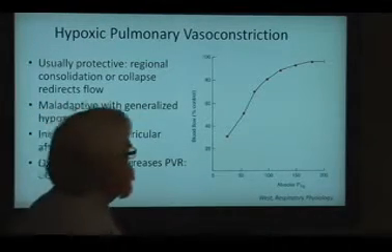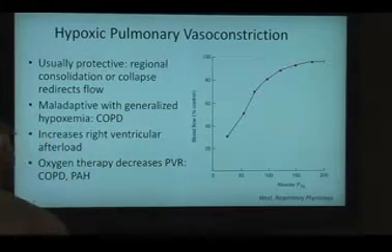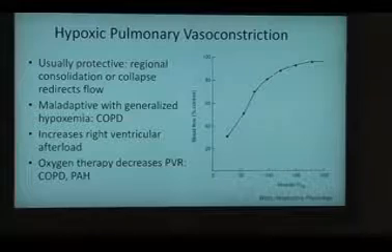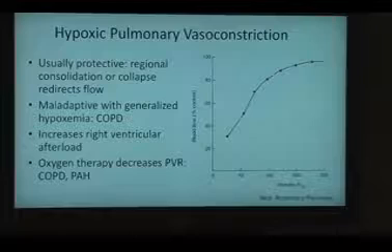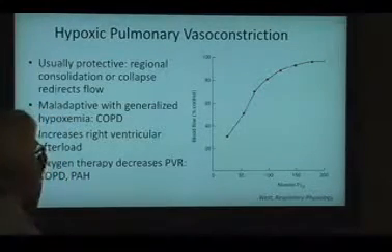The effect is most dramatic once we get to an alveolar PO2 of about 60 and below. That is what is commonly called hypoxic pulmonary vasoconstriction. So hypoxia or hypoxemia increases pulmonary vascular resistance.